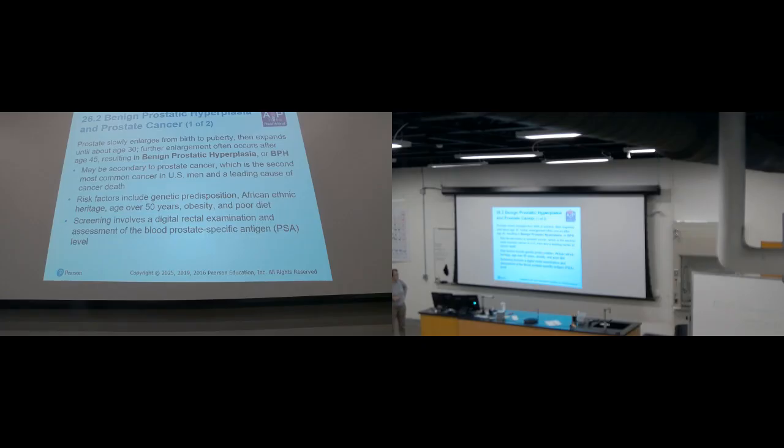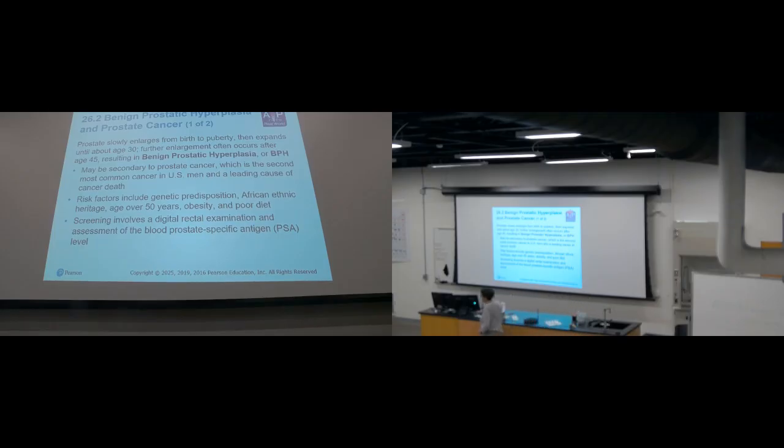Now, risk factors for this problem include genetic predisposition, African ethnic heritage, age over 50, obesity, and poor diet. After the age of 50, males are supposed to have an annual digital rectal examination to see if the prostate gland has an enlargement, and to measure the levels of PSA. Sometimes the levels of PSA can be suggestive of cancer.